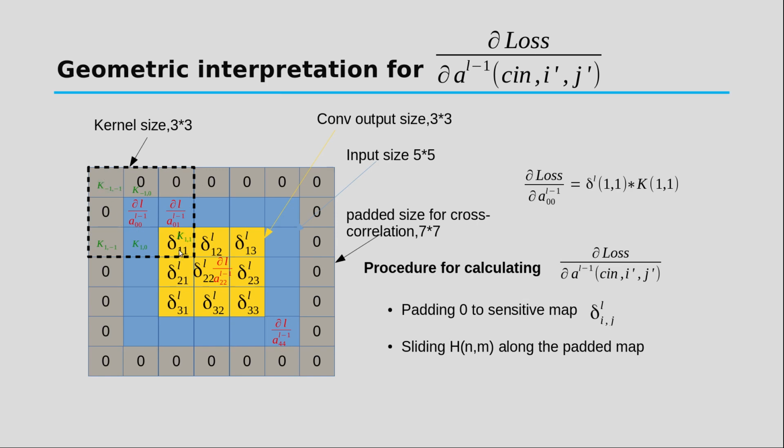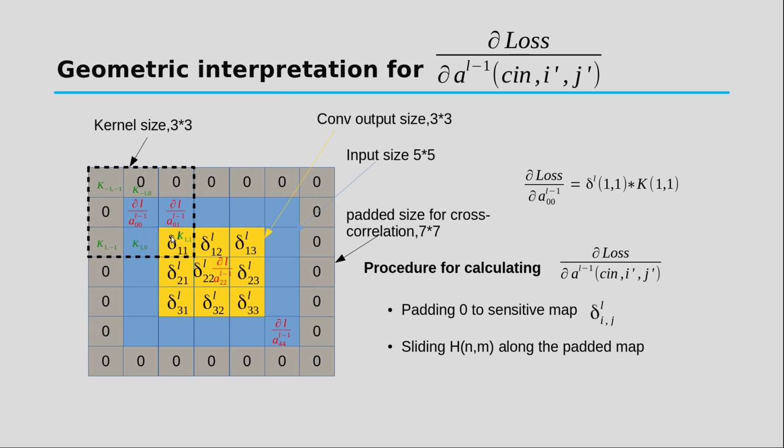So let's look at the very boundary condition. This one, partial derivative with respect to a00 here, is because all the other elements are padded with 0.